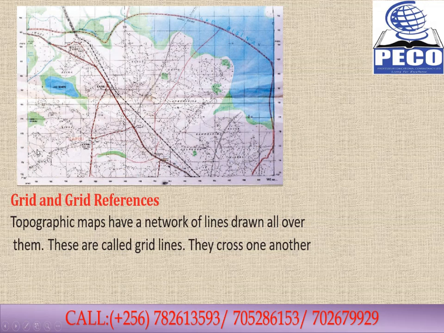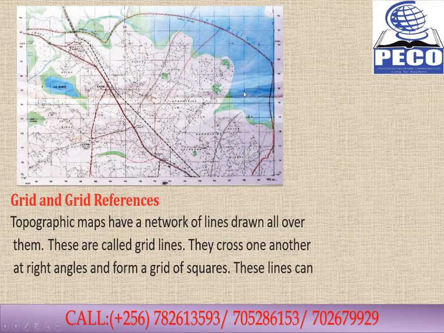Now these lines keep crossing one another at right angles. For example, if you have this line crossing this one at a right angle, they form grid squares.